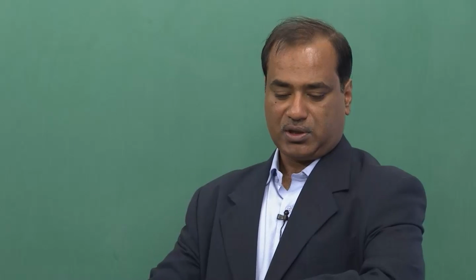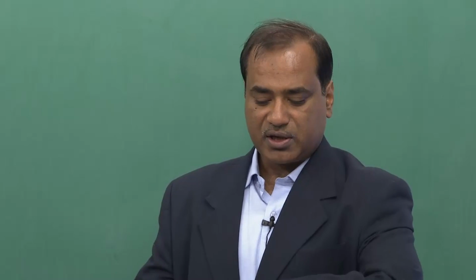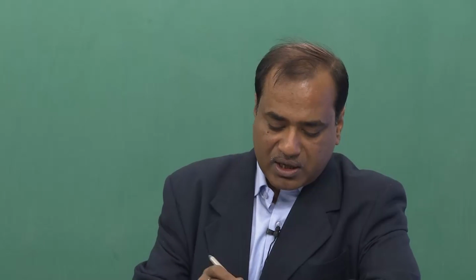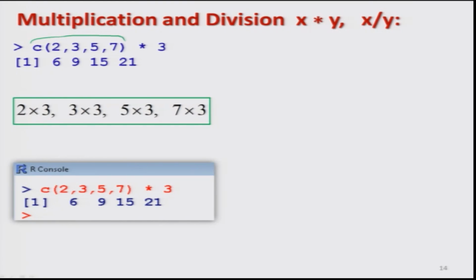Okay. Now, I come to another aspect. Now, I am trying to multiply a vector by a value. So, here I have a vector of 2, 3, 5 and 7, 4 values which are combined by the command c, and I am trying to multiply this vector by a numerical value 3. So, now what is really happening?